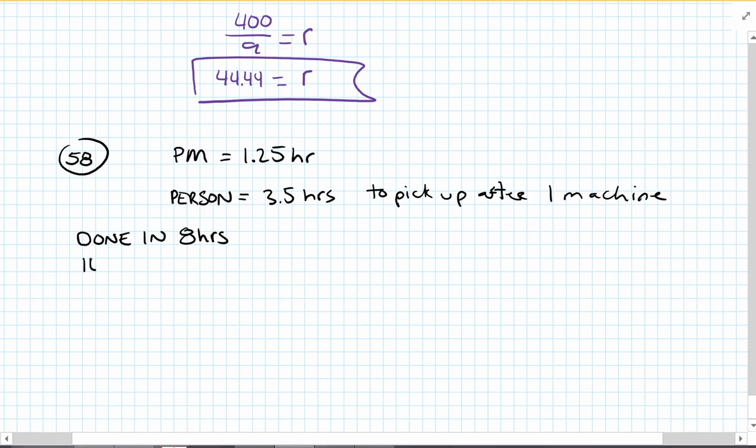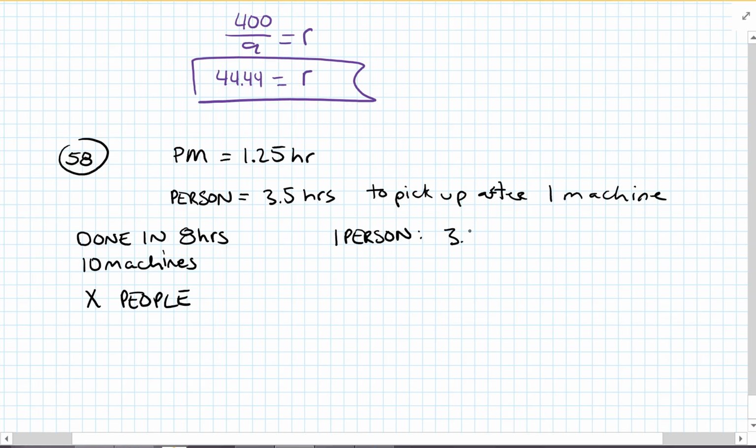And we have 10 machines. And we have X people. All right. We have a rate too. You could do that if you wanted to. But here's what we know. We know one person, it takes 3.5 hours to do one machine. So picking one person, how long would it take them to do 10 machines?